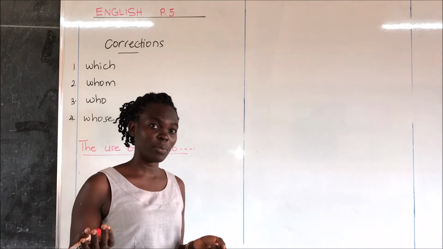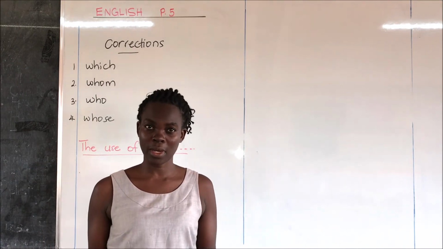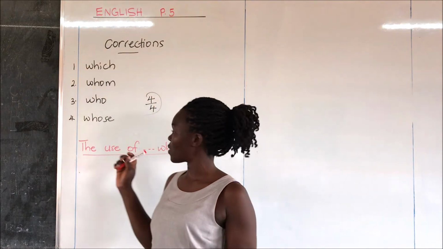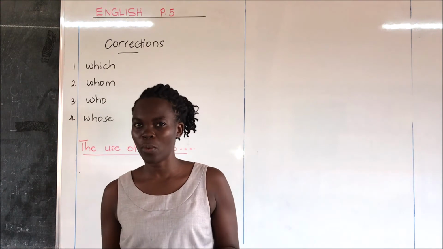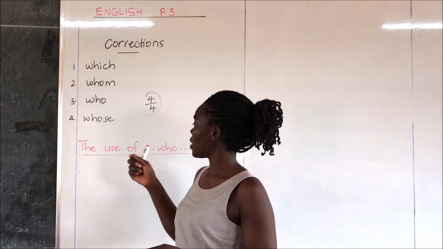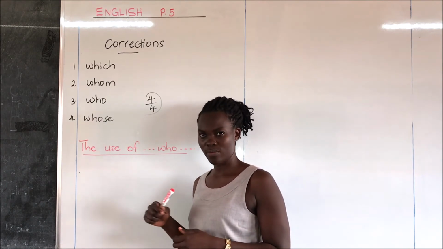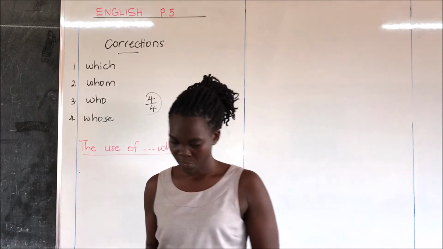Remember, these relative pronouns are used to tell us which person or thing the speaker is talking about. But when we are dealing with who, it is going to be a person or people. When the sentence is talking about people or a person, then we are going to use who. You get it? So we are going to write something, hoping you're writing.